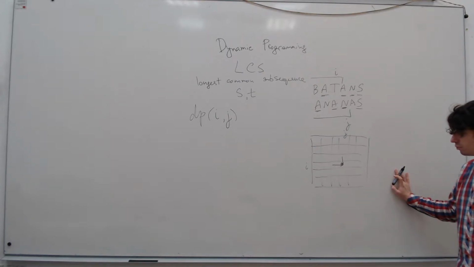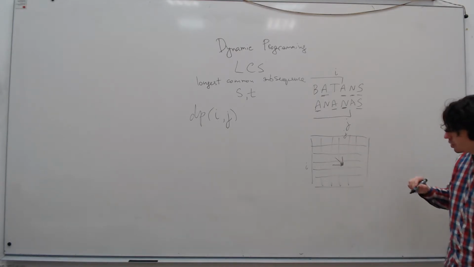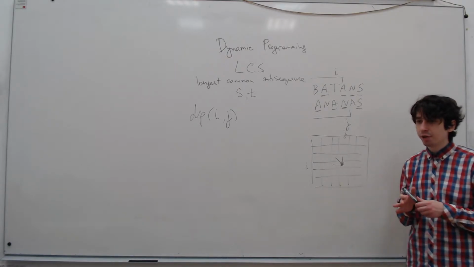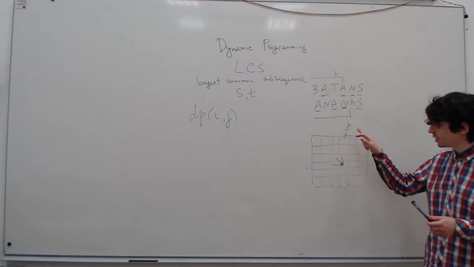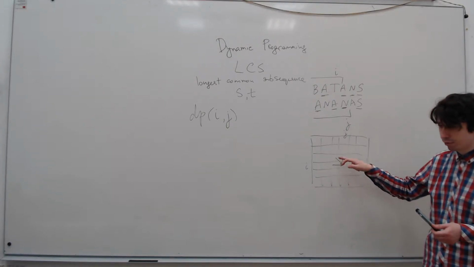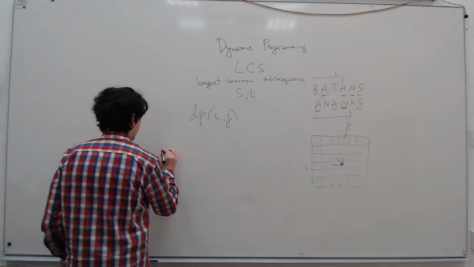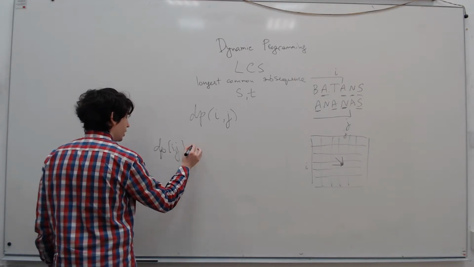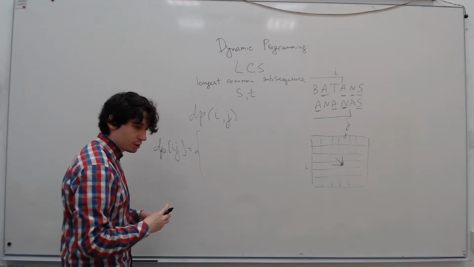The left upper square. Yeah, so it should be from the left upper square. And if the two values si and tj are equal, then we should come from i minus 1, j minus 1. So dp ij equals to, oh sorry, not this.